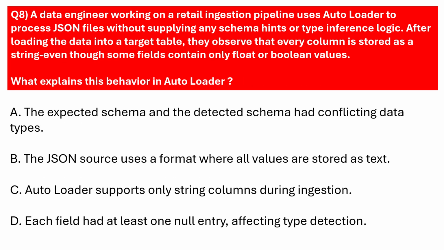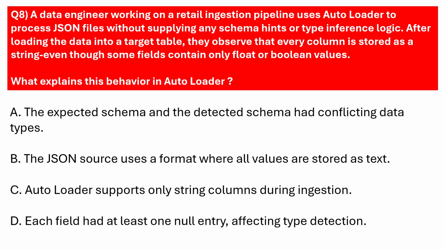Q8. A data engineer working on a retail ingestion pipeline uses Auto Loader to process JSON files without supplying any schema hints or type inference logic. After loading the data into a target table, they observe that every column is stored as a string even though some fields contain only float or Boolean values.